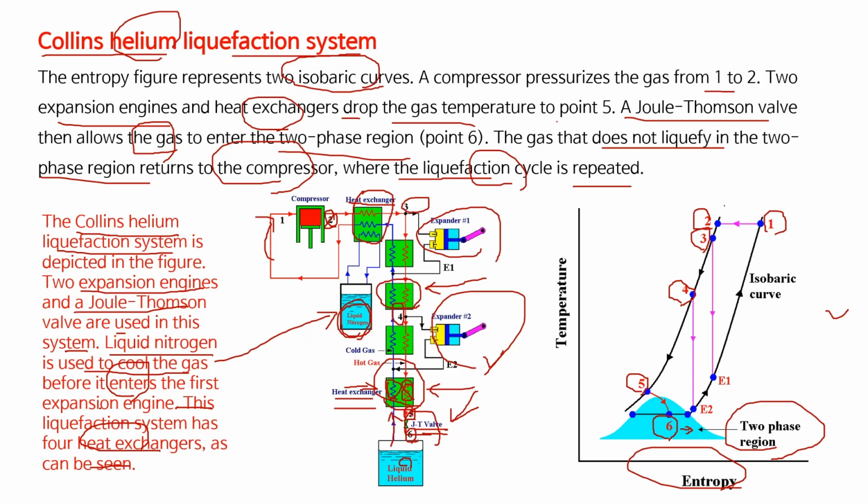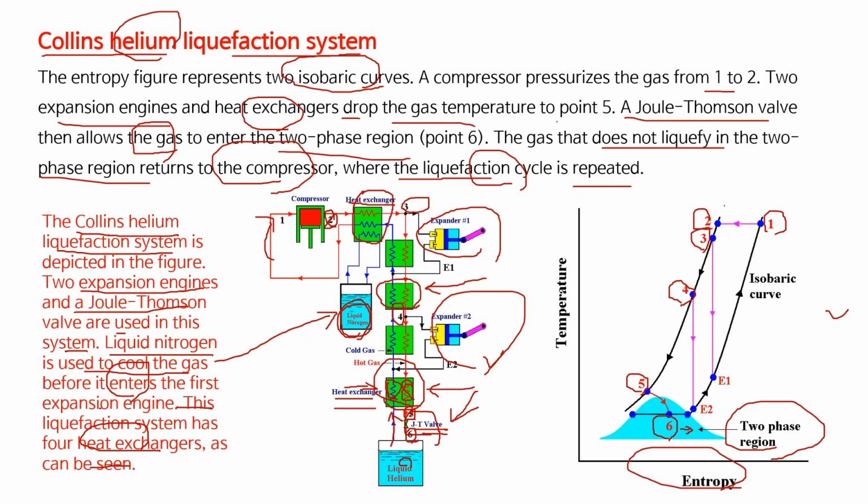However, the maximum inversion temperature of helium, hydrogen, and neon is lower than the room temperature. So we have to lower the gas temperature below this maximum inversion temperature.